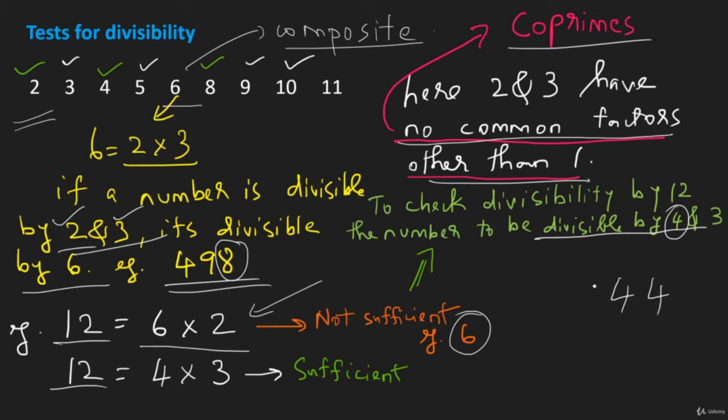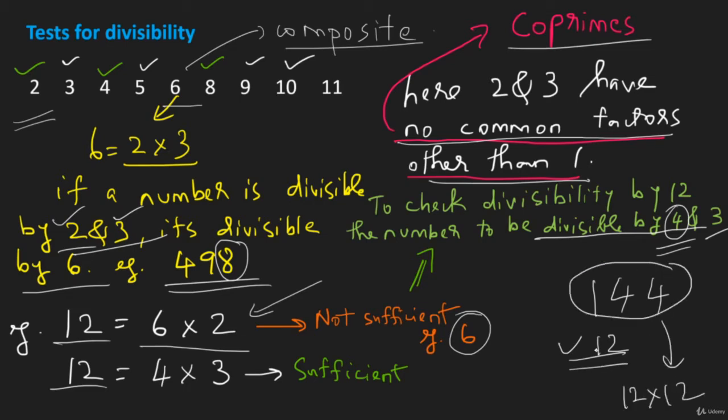Now, if I add 1 to it, 4 plus 4 plus 1, that's 9, right? So this number over here is divisible by 3 and this number is divisible by 4. Therefore, this number will be divisible by 12, and you can see 144 is nothing but 12 into 12, and hence 144 is divisible by 12.